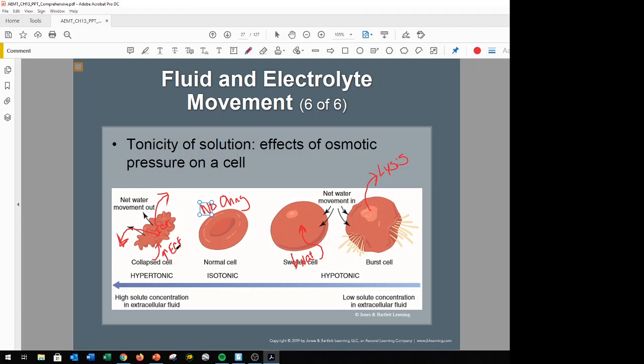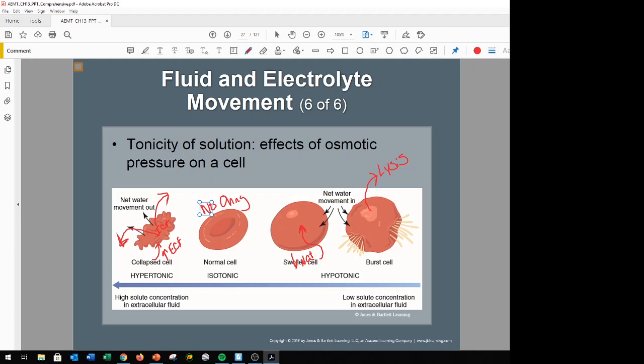That makes sense? This is important because we're fixing to talk about fluid compartments and how fluid moves around. All right, so let's just hang on.